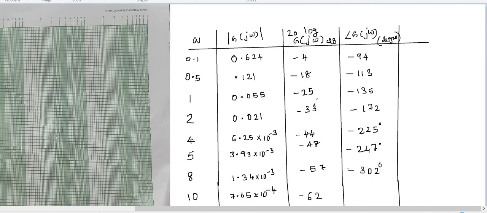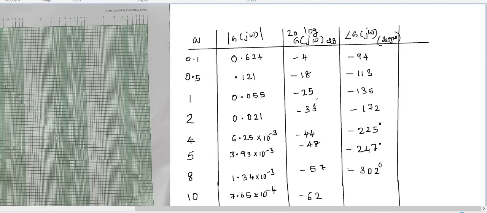This is because we have an exponential term in the numerator, that is e raised to minus 0.2 j omega. Corresponding to that term, the angle goes on increasing. That means for different values of omega at higher frequencies also, there will be an angle contributed by the exponential term.